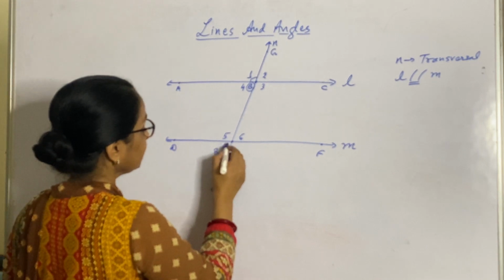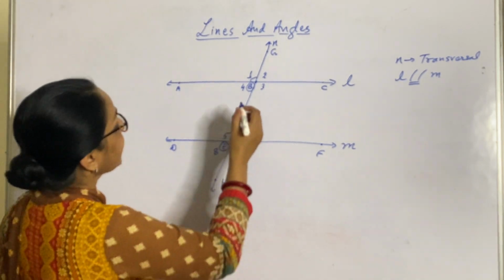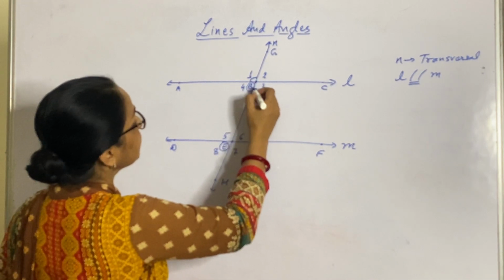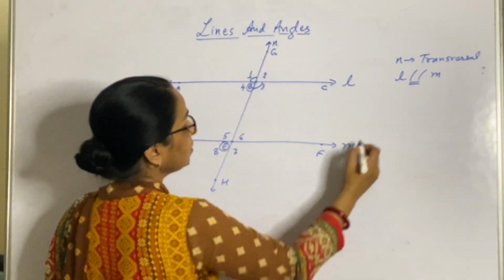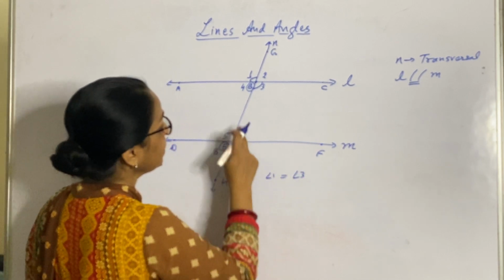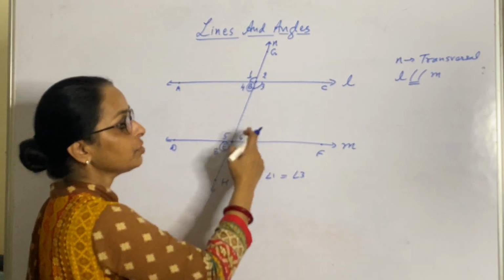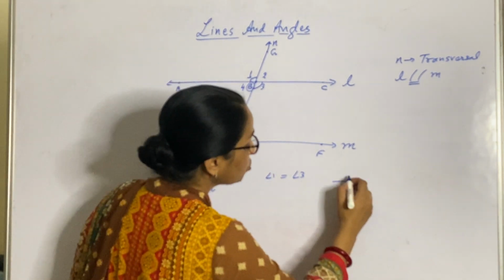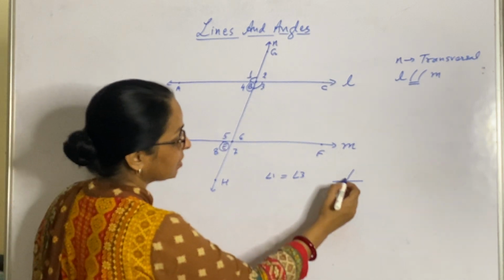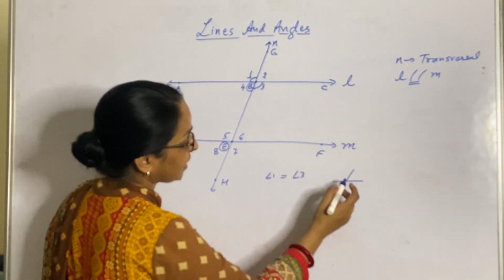Now what is the relation of these angles? See, angle 1 and angle 3, they will be equal. Why? Because they are vertically opposite to each other. Whenever two lines cross each other, we get two pairs of vertically opposite angles.